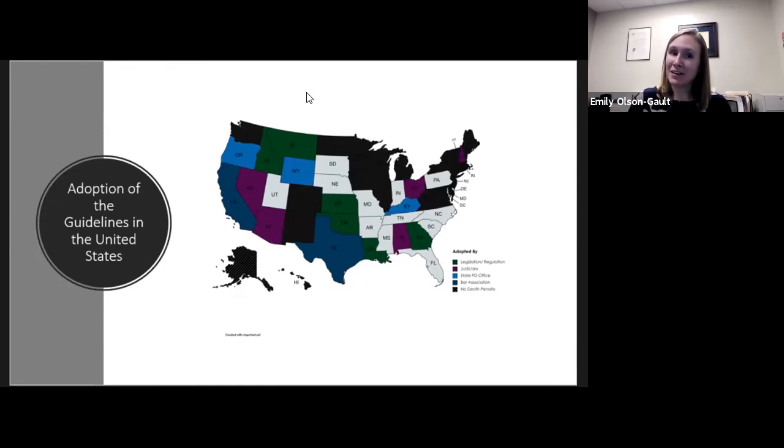Even though they are the exact same guidelines, having a more local group here, the State Bar, give their approval to the guidelines goes a long way to giving them credibility to local and state judges. And that's what has been done in Texas and also in California.